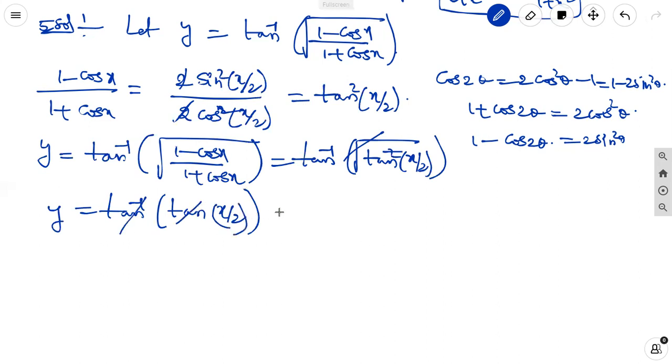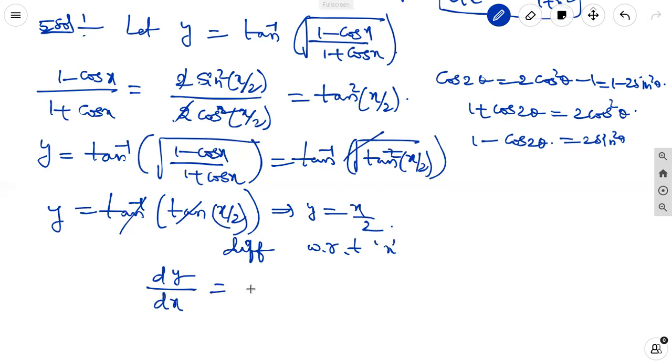Tan inverse cancels, then y equal to x by 2. Now we differentiate with respect to x. dy by dx equal to 1 by 2 is a constant, x differentiation is 1. So dy by dx value is 1 by 2.